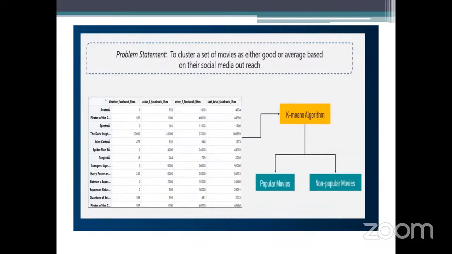Here, you might have to use the k-means clustering algorithm, and you can form two clusters. One will contain the popular movies and the other will contain the non-popular movies. That is how you use machine learning to solve the clustering, regression, and classification problems. The key is you need to identify the type of problem first.